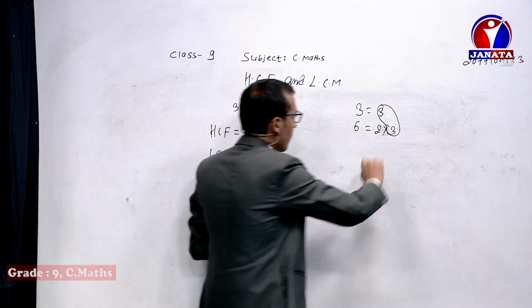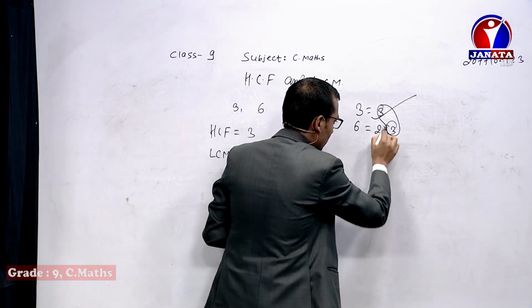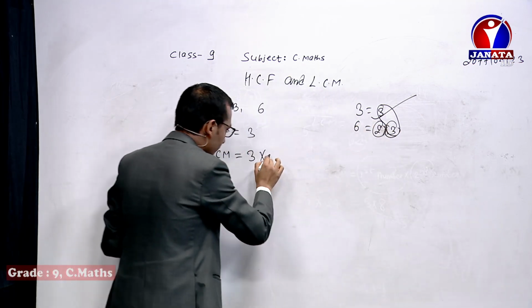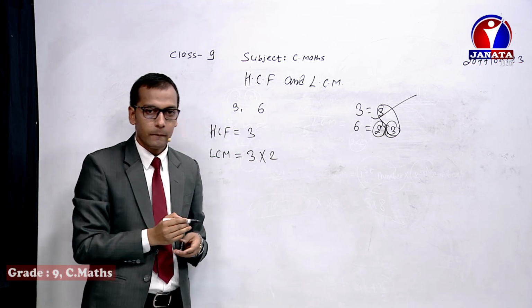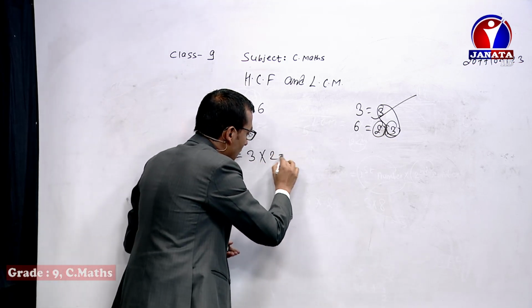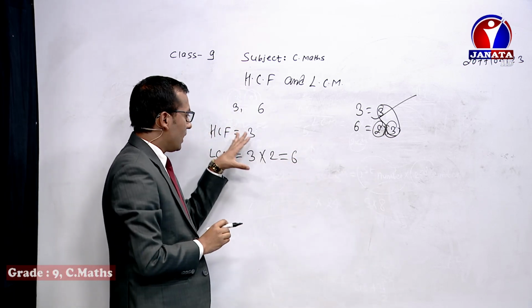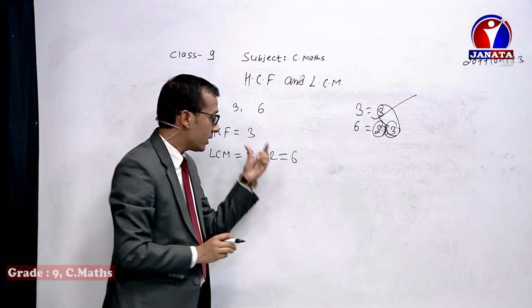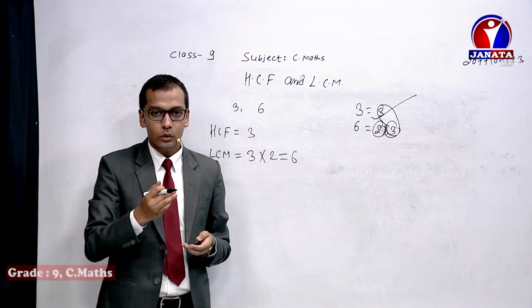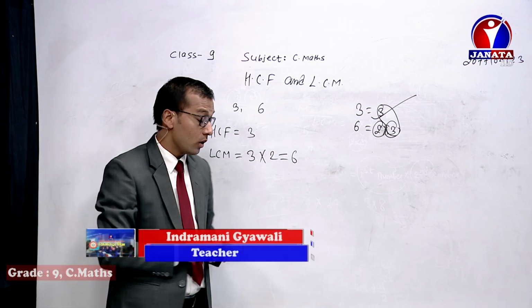In the first number, 3 is common. In the second number, 6, 3 is common. Now 2 is the remaining factor of 6. So the LCM is 3 times 2, which is 6. I am connecting this example with two properties, though there are others.